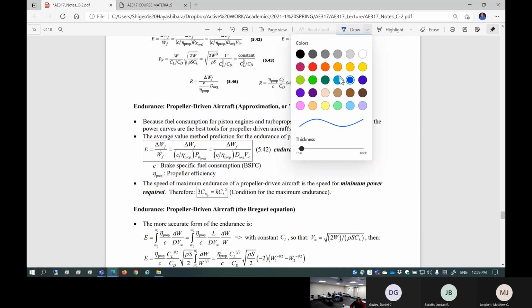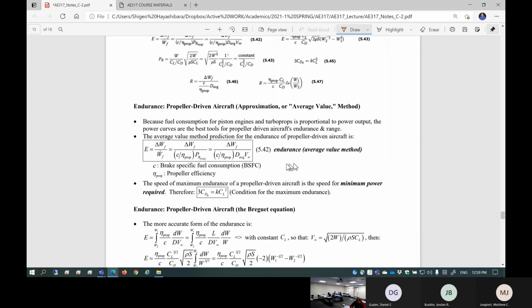BSFC comes into play. It's not the thrust, but the brake-specific fuel consumption. In other words, when you talk about propeller airplane, you're going to talk about power, not the thrust. And also propeller efficiency comes into play.